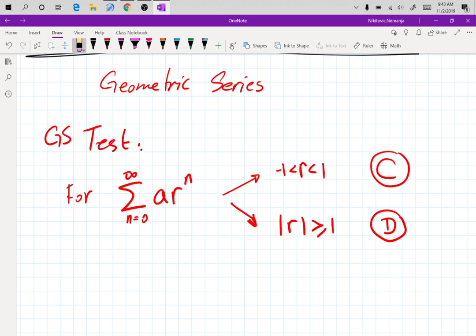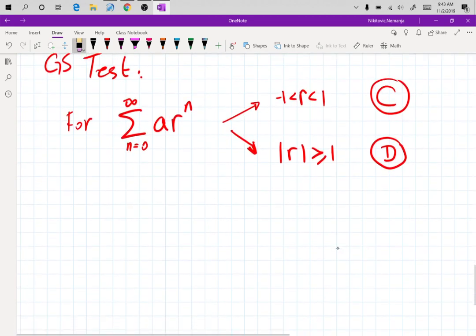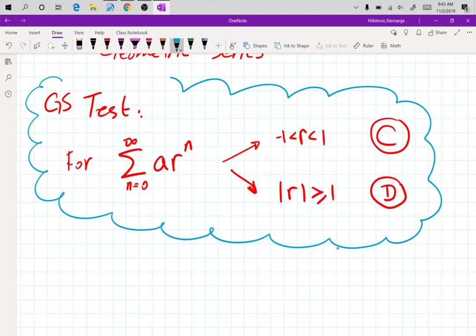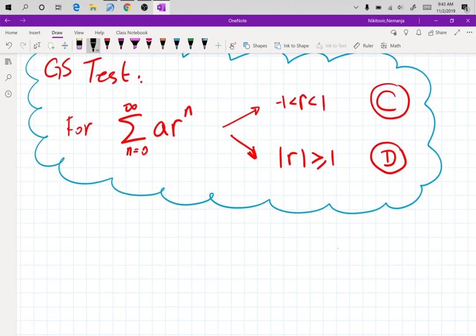Great. So if you know this, I'm going to put that on a cloud. We'll add more to it, but for now, what does my problem, the summation from 0 to infinity of 1 over 2 to the n, look like?